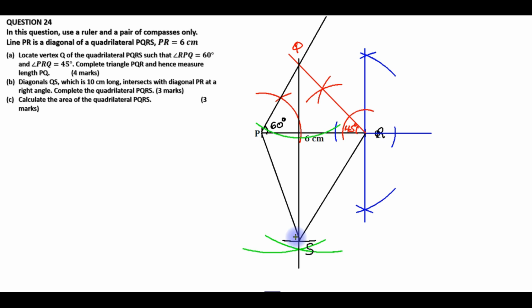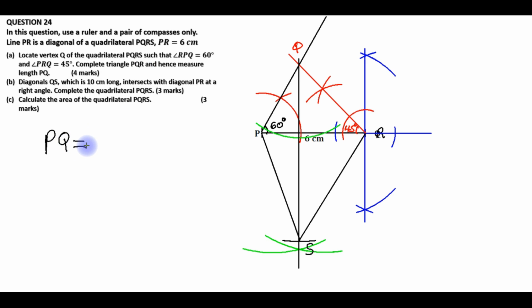Once I do that, another thing that we need to consider is to answer the question as required. Part A, we actually located the vertex Q, and afterwards we complete triangle PQR, and hence we find length PQ. So what will be length PQ?